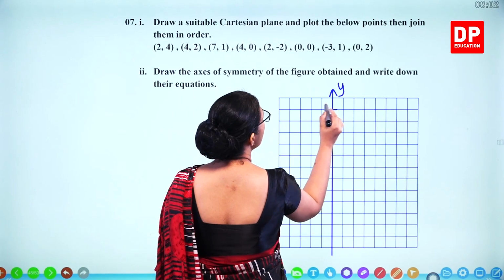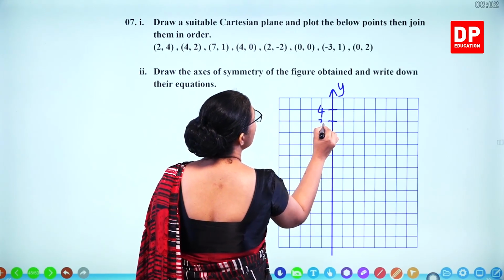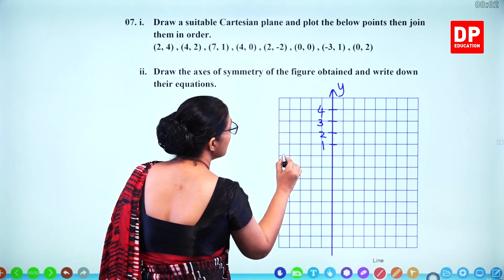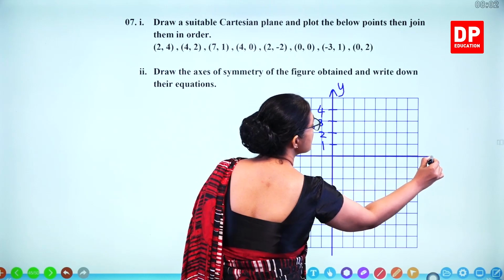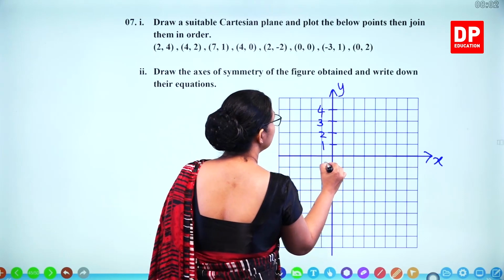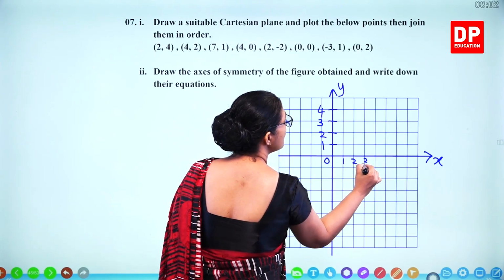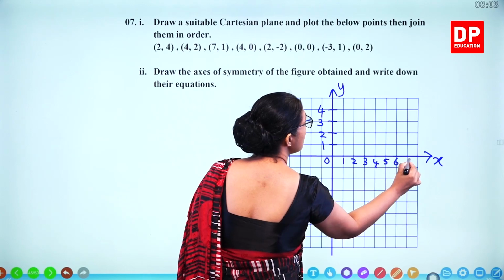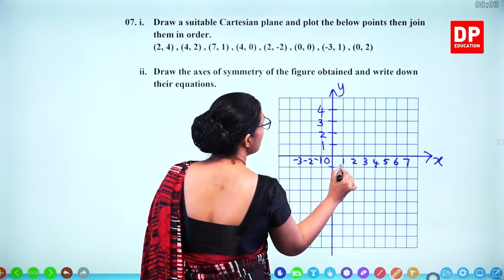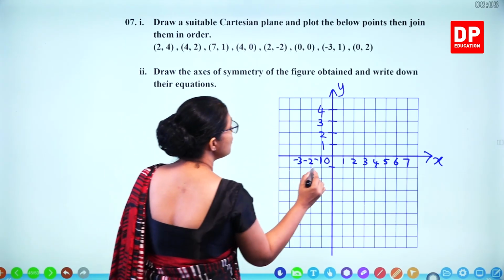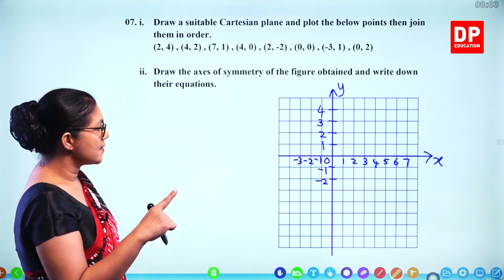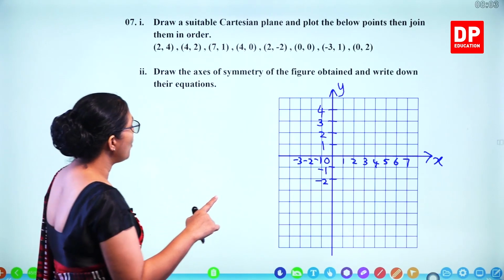So we can start from here, 4, 3, 2, 1, and this is the x-axis. And we can say 1, 2, 3, 4, 5, 6, 7, minus 1, minus 2, minus 3. And the y values are negative 2, 1, minus 1, minus 2. So first adjust the scale and then we can mark the points.